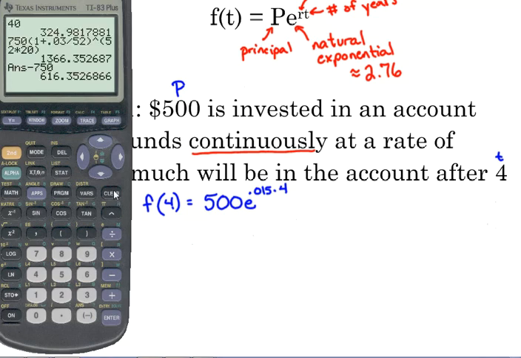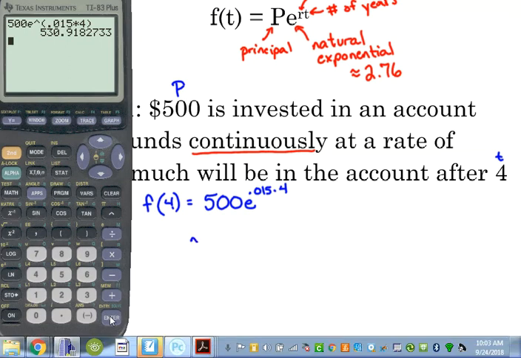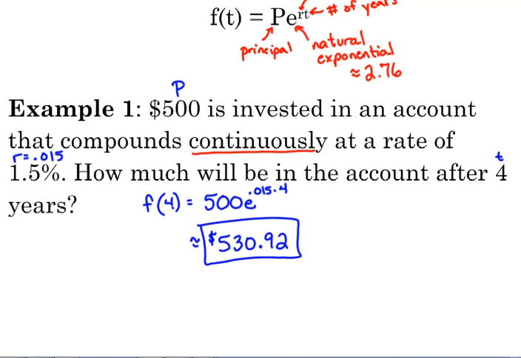The good thing about this formula is that when you press second and the natural log button for e, it automatically starts your set of parentheses for that exponent. It's one less thing you have to remember. So after these 4 years, there will be approximately $530.92 after this compounding continuously goes on.